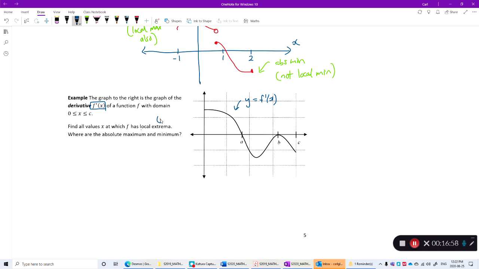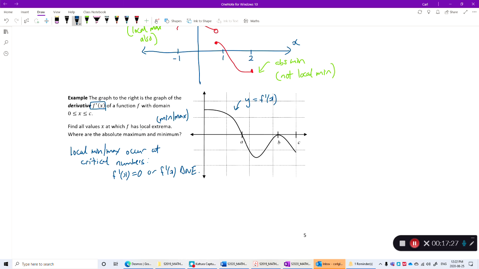So extrema means min or max. Remember, local min or max occur at critical numbers, which is where f prime of x is 0 or f prime of x does not exist.